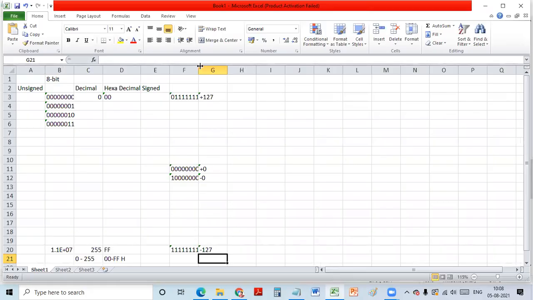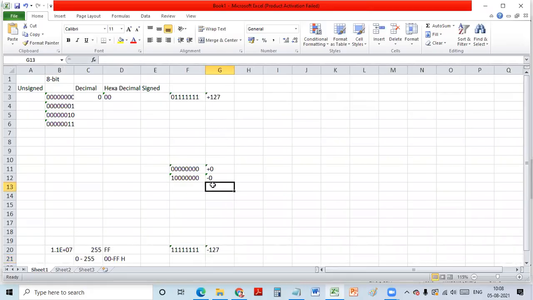What can be minus 1? Minus 1 I will write as 1, six zeros, 1: 10000001. Likewise, 10000010. The magnitude is the same in both cases; only the sign bit will vary.